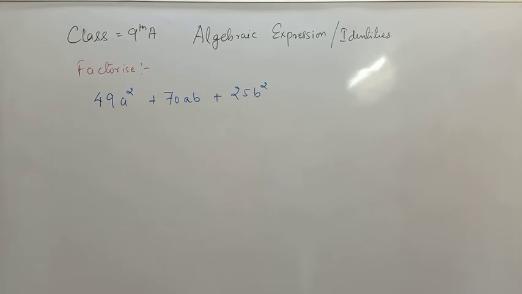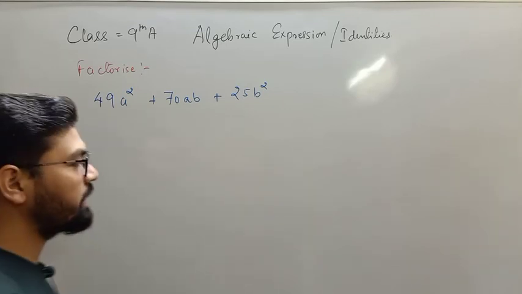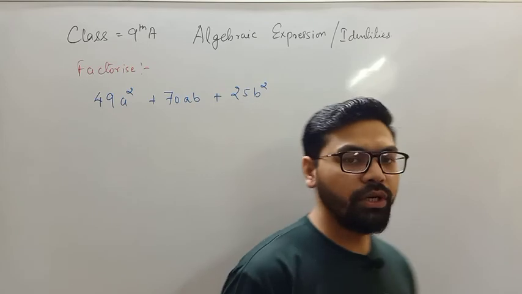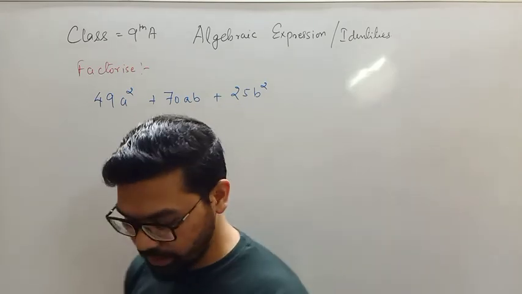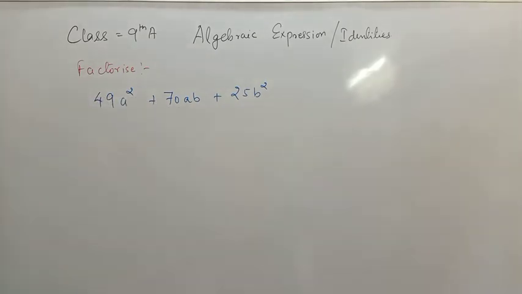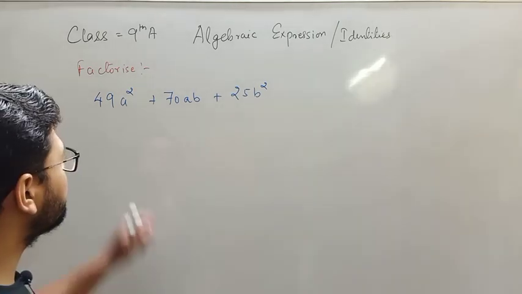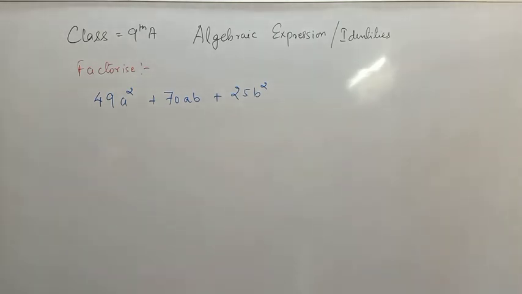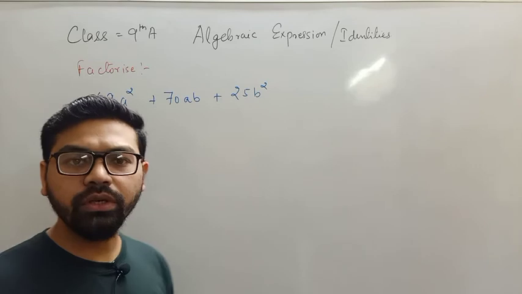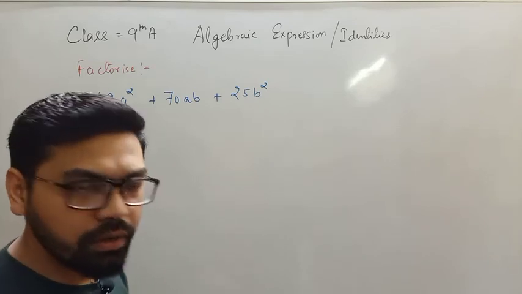Now the next thing, again you have one algebraic expression and you just need to factorize this using the identities. Now how can you apply one identity here? First you need to identify which identity you can use in this algebraic expression.